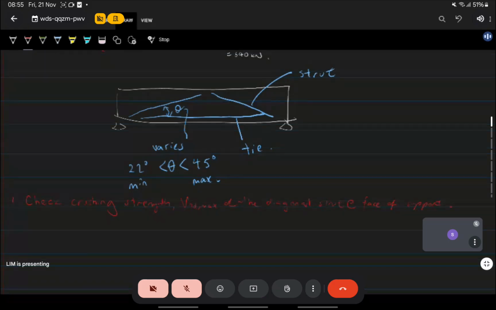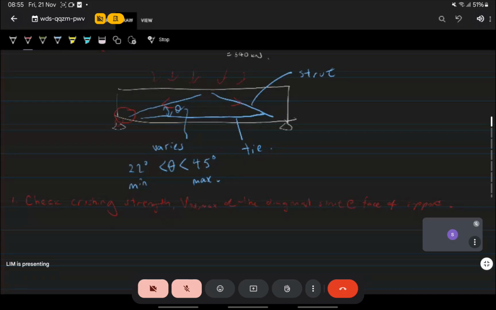Basically, all your load coming down on the beam travels down the strut to reach the support. We want to check whether the strut is going to crush due to shear, due to your vertical loads.